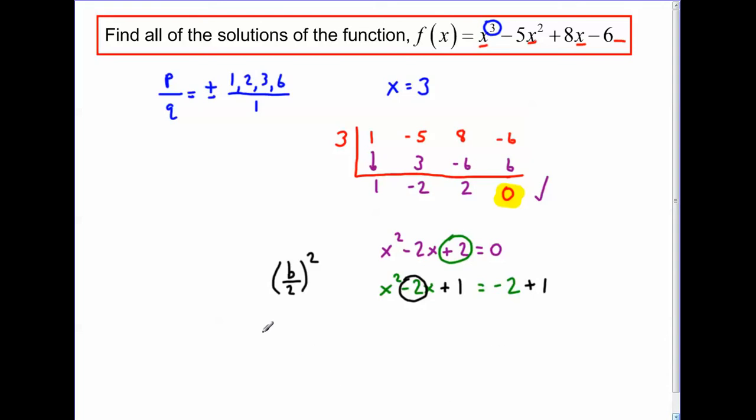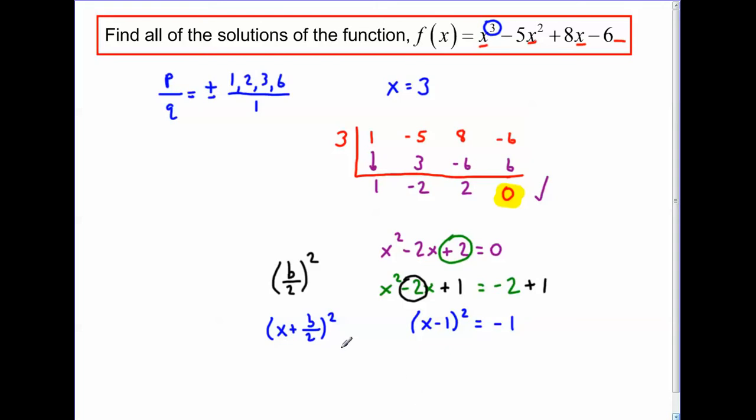All right, now I'm going to factor the left. The left-hand side will always factor into x plus b over 2, quantity squared. So in this case, that's going to leave me with x minus 1 squared, because b is negative 2. Negative 2 divided by 2 is negative 1. And I have negative 1 on the right.